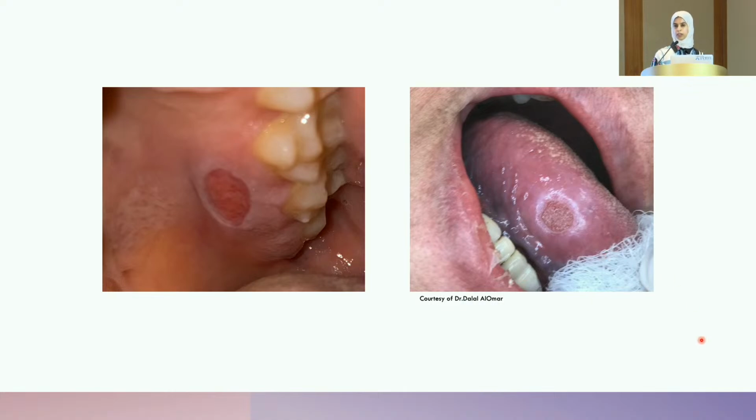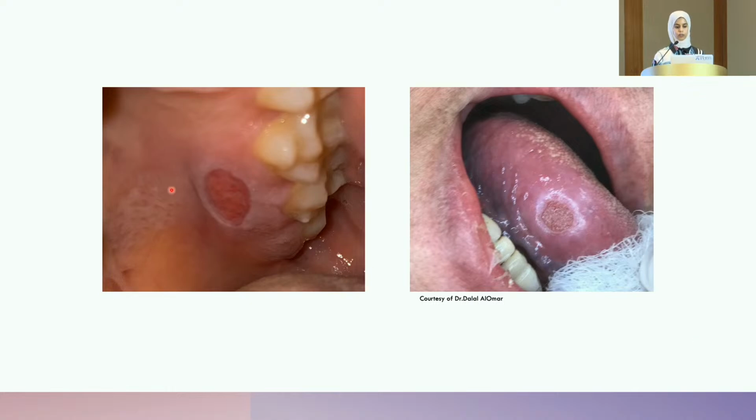So keep in mind that chronic trauma can result from sharp edges of teeth or prosthesis and ill-fitting dentures, for example, sometimes self-inflicted, especially in patients with psychological or psychiatric problems. Most commonly, you will find these traumatic ulcers on the buccal mucosa or the labial mucosa, for example, but they can occur anywhere else, like we can see here on the palate.